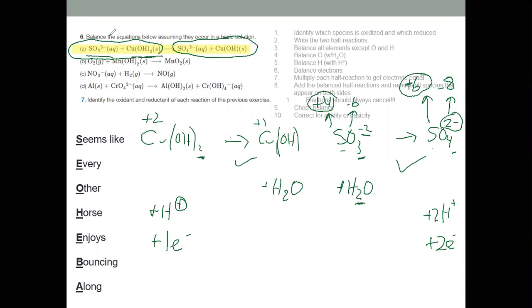All right, now we're getting close to the end. Let's go ahead and add everything together. So we're going to add the 2 half reactions together. We're going to add the right sides, and then we're going to add the left sides. We're putting it all together now. All right, so we got copper hydroxide, right, plus SO3 2-, plus, so we got that, we got that.